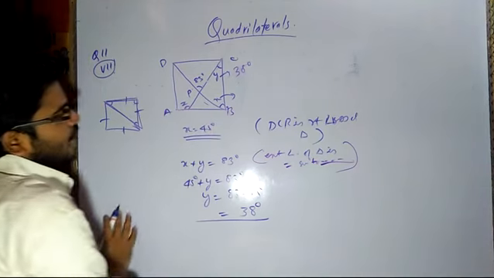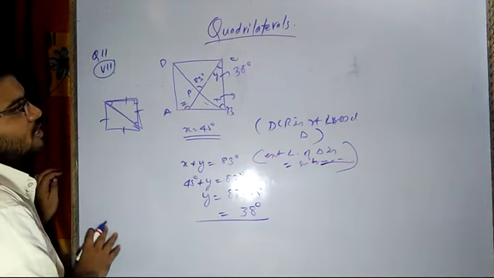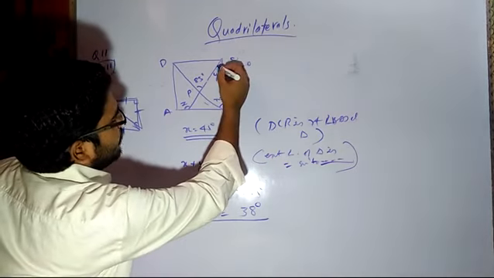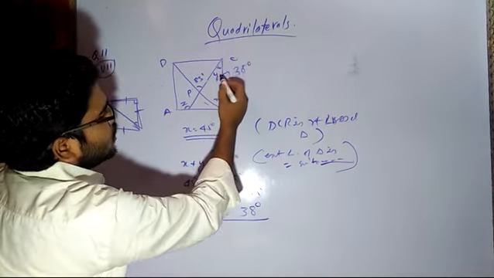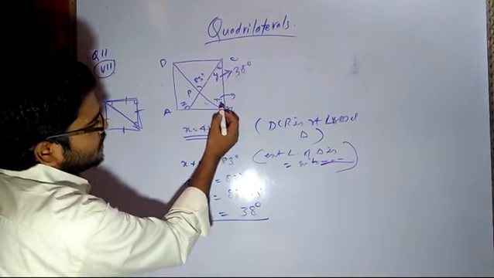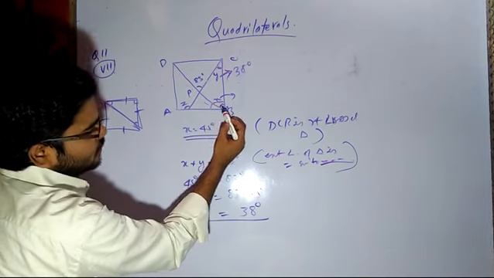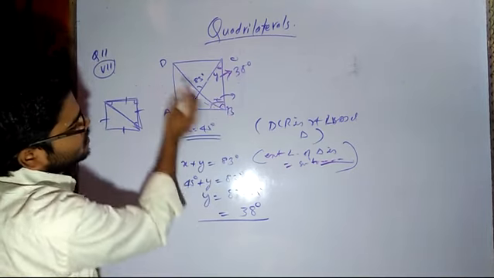Third, we have to find the value of z. How to calculate the value of z? Again we can apply the exterior angle property. We have already calculated this, that is 38. This whole will be equal to 90 degree, and this is 45, so this will also be equal to 45 because this is a diagonal.